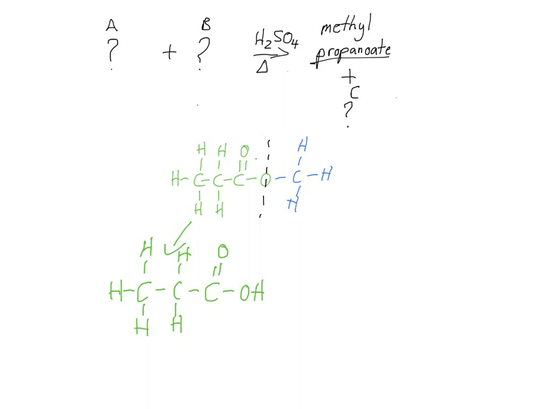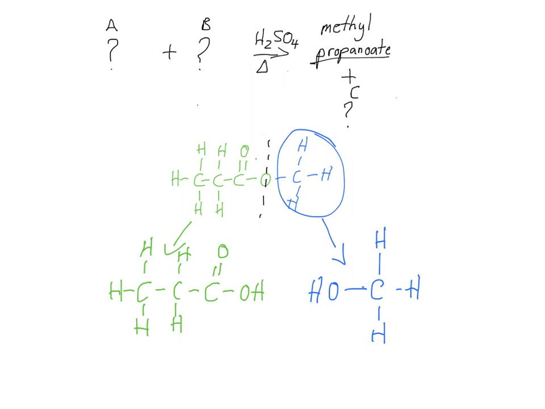What about this single carbon chain over there? Where would that come from? That comes from the alcohol, and that comes from a 1-carbon alcohol, which is called methanol. So there we have it. We've got methanol. Now, I like to draw them facing each other because that shows me how they go together to give my ester.